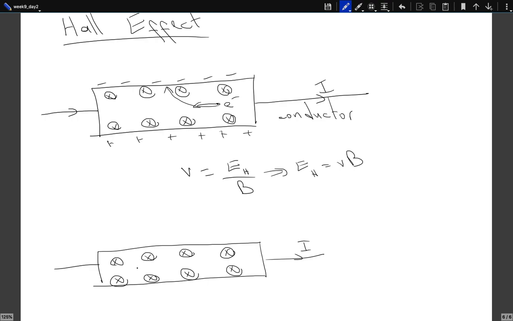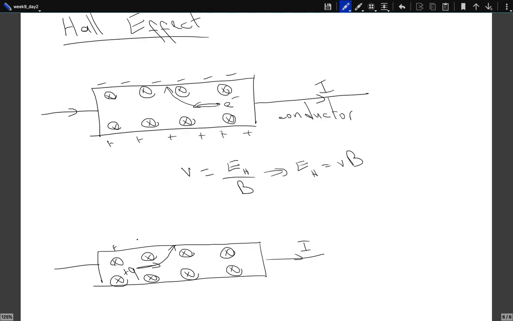So positive charges are moving in this direction. What will be the direction of the force that these positive charges will be feeling? Although they are positively charged, they will also feel an upward force. So as they are moving, their trajectory will bend up.